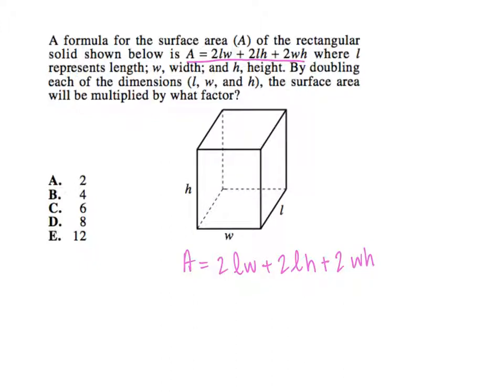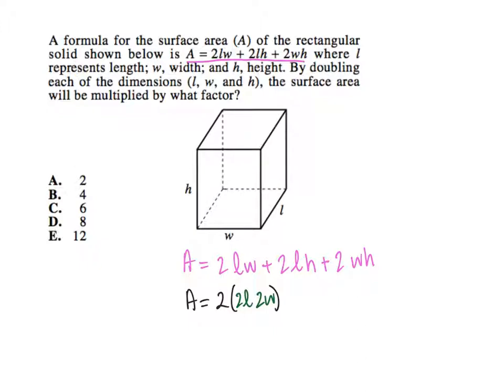And so what I'm going to do here is basically every variable L, W, and H, I'm going to double it, meaning I'm going to multiply it by 2. So in this case, this is going to be A equals, so there's that 2 in front, right? But then let me write this in parentheses so that way it doesn't get too messy. There is that 2 times L and that 2 times W. So basically, these two, I've just multiplied it twice by 2.